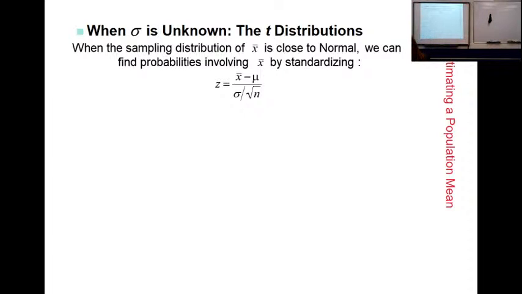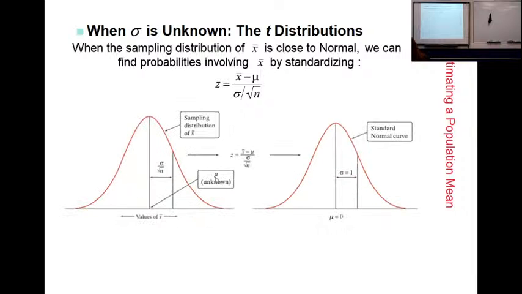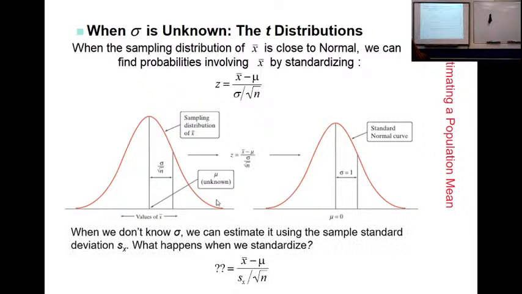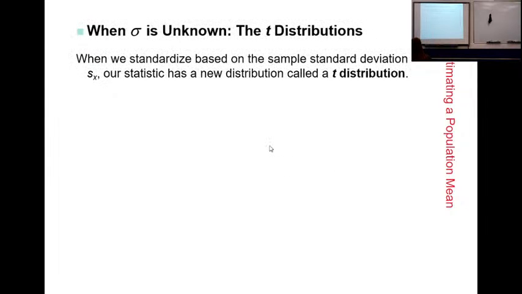When we only know the sample standard deviation, then we're going to use a distribution that is slightly different from the usual normal distribution. We'll have a new statistic that is still value minus mean over standard deviation, but this will have a slightly different distribution, and it's going to be called a t distribution.